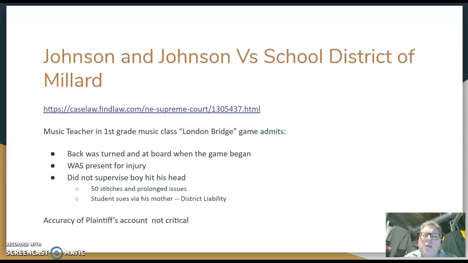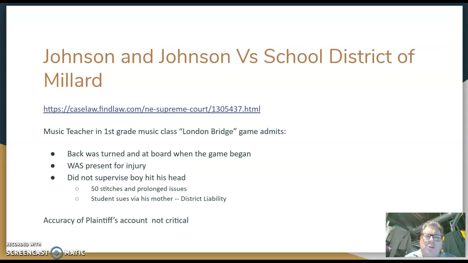The reason I wanted to cite this is that when a 6-year-old would be lodging the complaint, they would do so with their parents. So both he and his mother would be the party that's suing the school district.